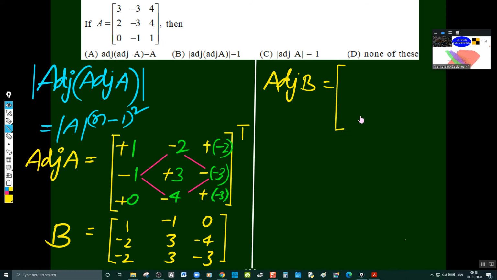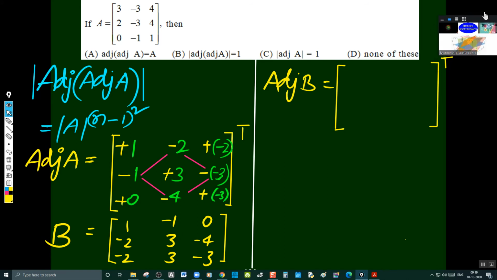Whenever you find the adjoint, write the transpose. A student says he will give the direct adjoint. Okay, but this has to be written. You have to write that whole transpose, and after that only you'll get the answer.